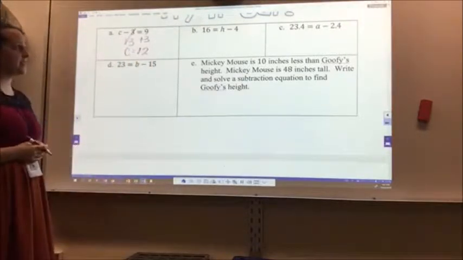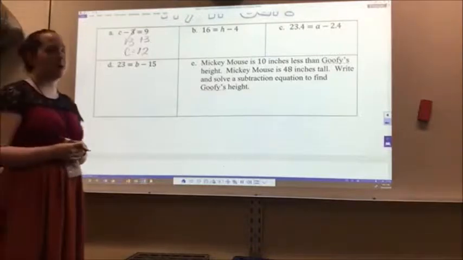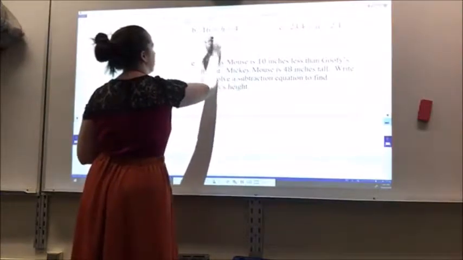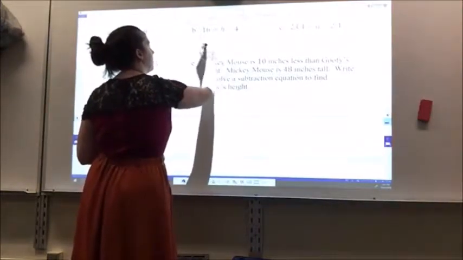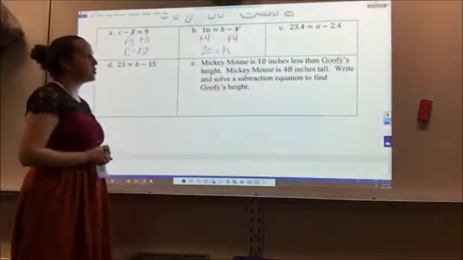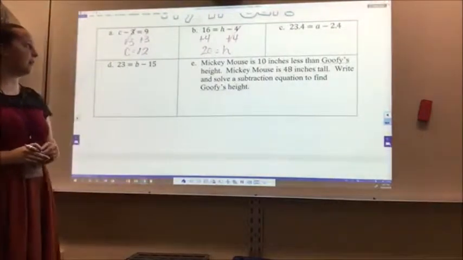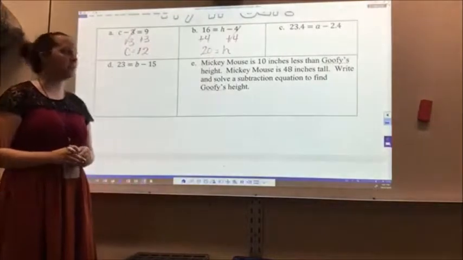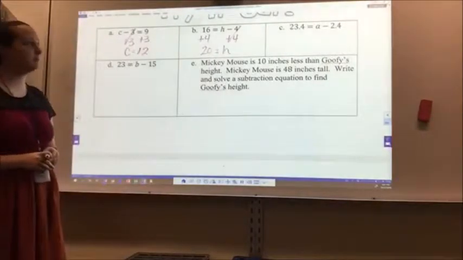For letter B, 16 equals h minus 4. I add 4 to both sides. So 16 plus 4 is 20, and h is left by itself. It doesn't matter if the variable is on the left or the right side of the equal sign. It's completely up to you.